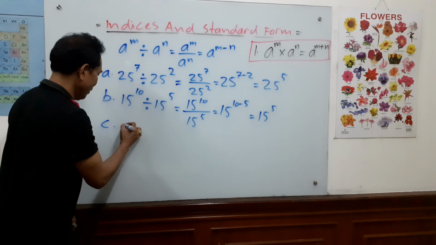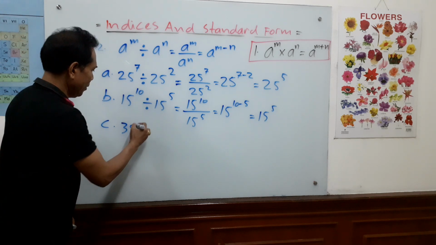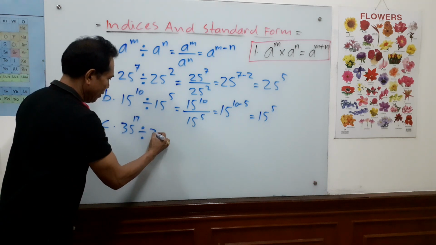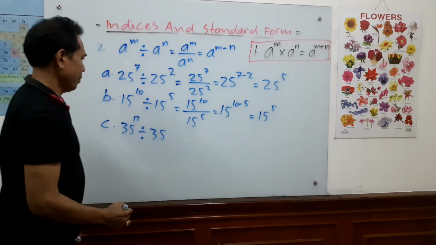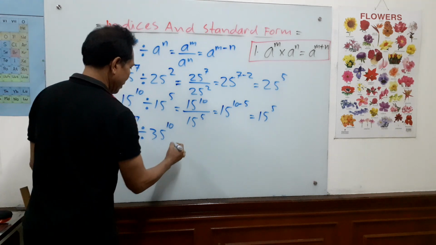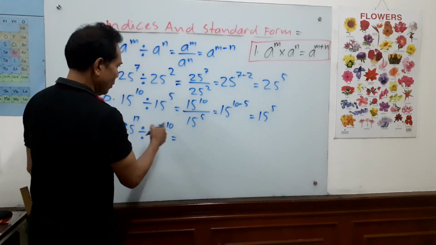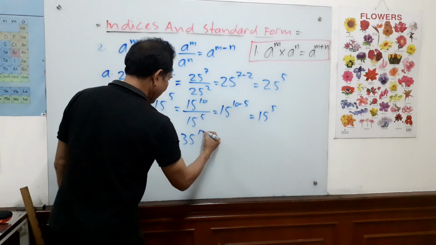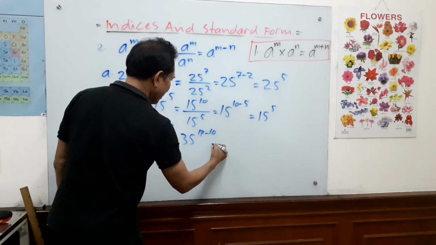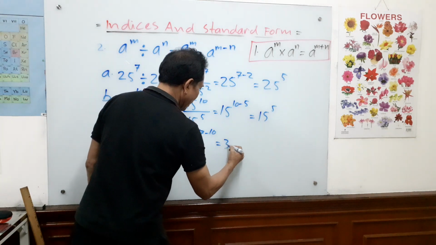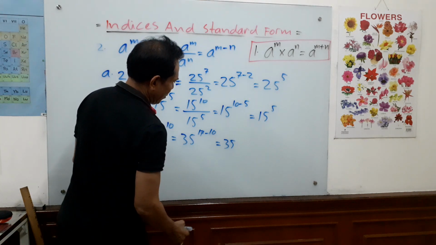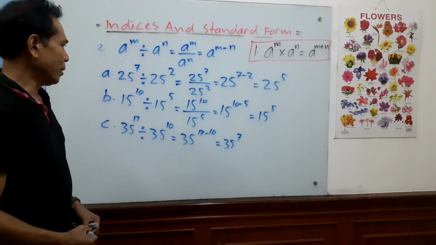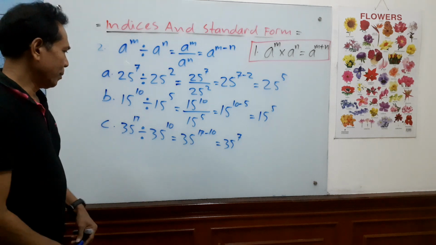Okay, we have 35 power 17 divided by 35 power 10 equals, we can go straight away, 35 power 17 minus 10 equals 35 power 7. Okay, equals 35 power 7. You can do this also, no problem.